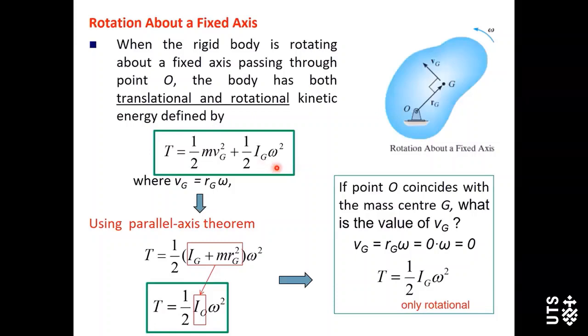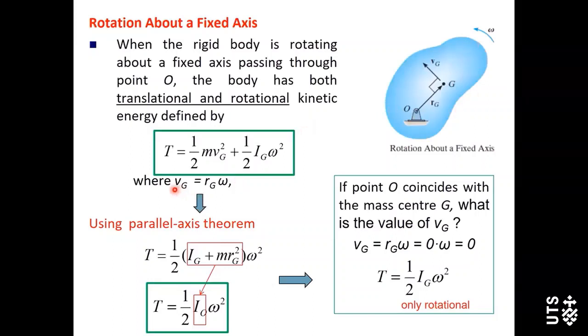And here, we select point G. But because this is the rotation about a fixed axis, the velocity at mass center point G, Vg, should be equal to the distance from G to O, Rg, times the angular velocity omega of this rigid body.